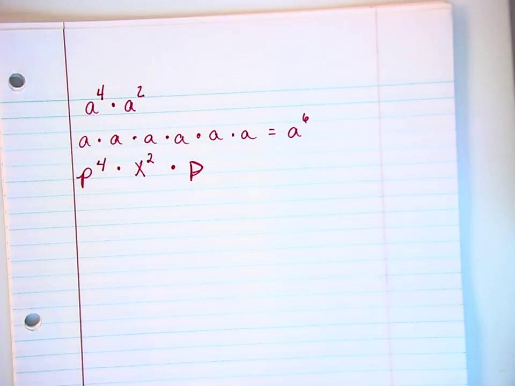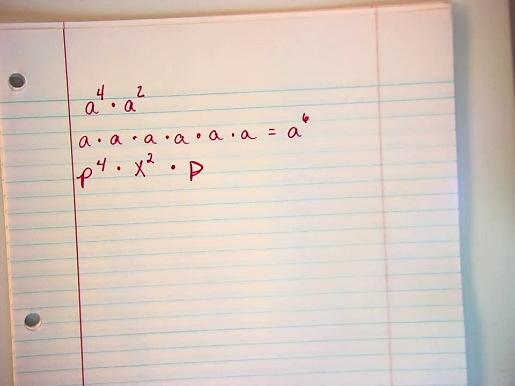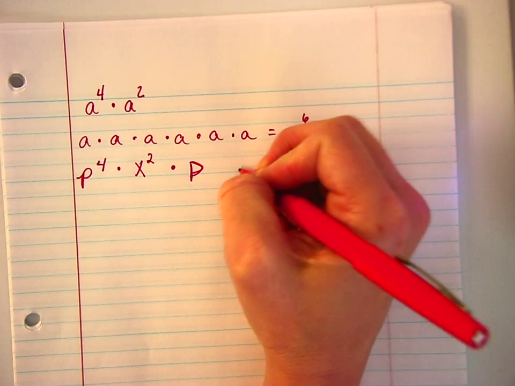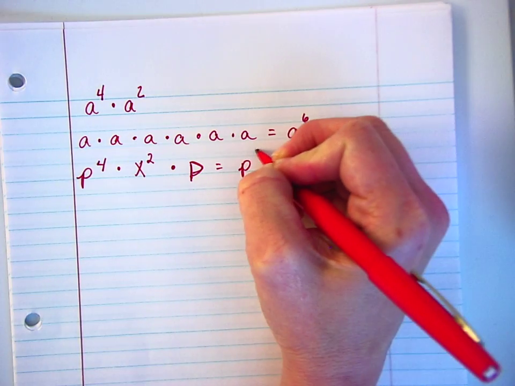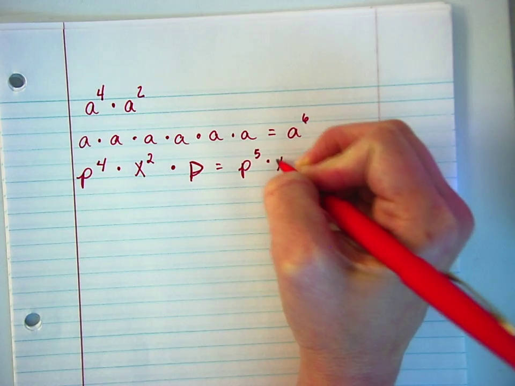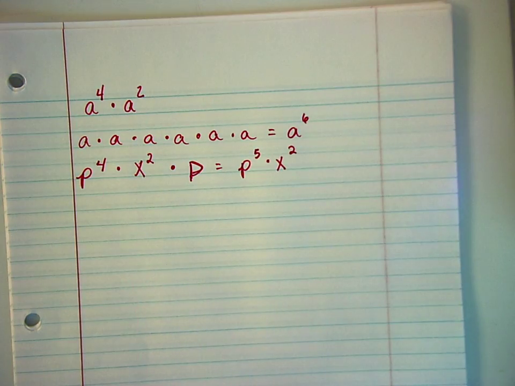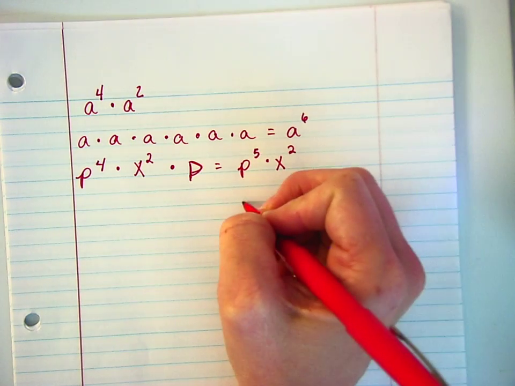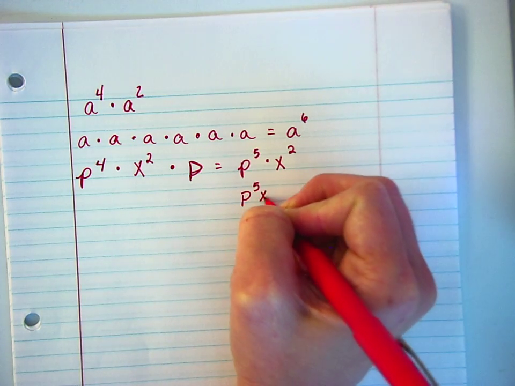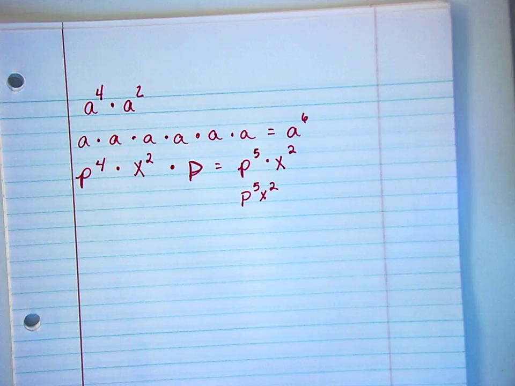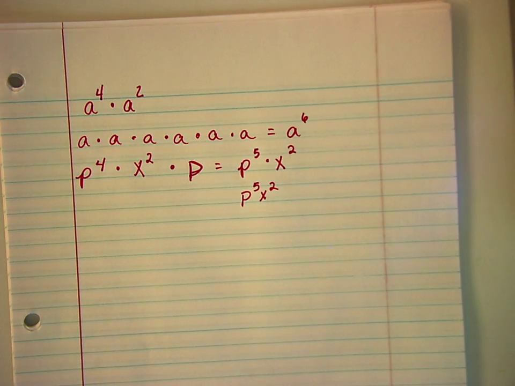Let me see it. Good, and I see most of you have p to the power of 5 times x to the power of 2. Technically, I don't even need to write that. I could just put p^5 x^2. I don't even need to put the symbol, because when they're next to each other, the symbol means multiply.